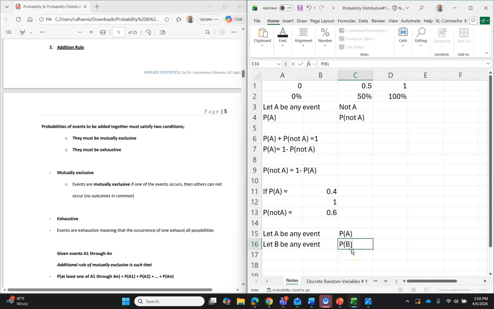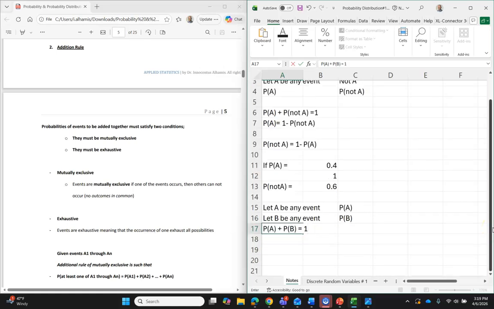We're going to add these two events, taking probability of A plus probability of B. They are mutually exclusive, meaning they don't occur at the same time, and they must be exhaustive. And so in this case, they will be equal to 1. So always when you add probabilities like this, they should sum up to 1.